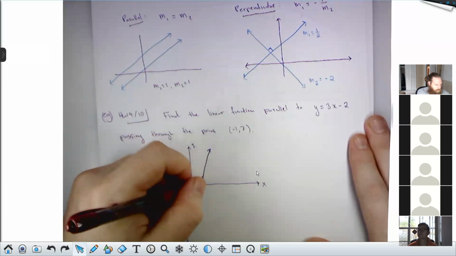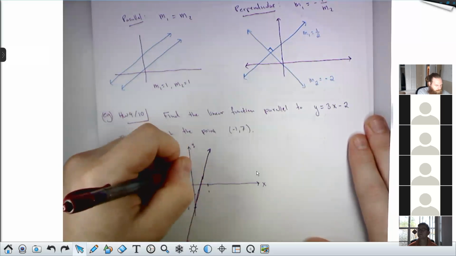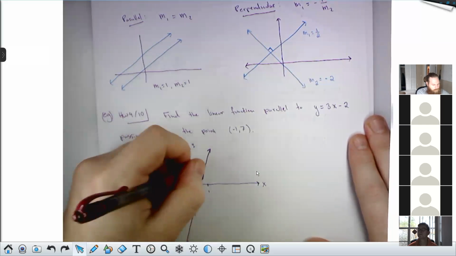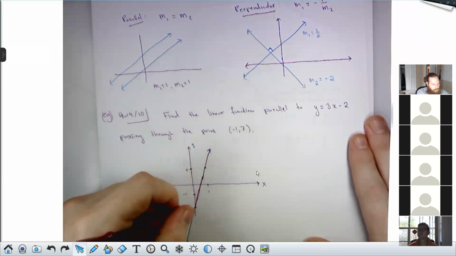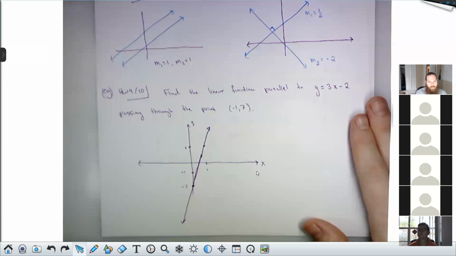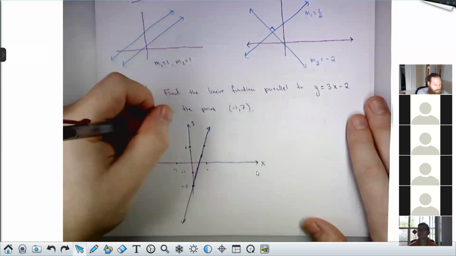So if this is 1 here, then this point will have been 3 up. That should be 1 here. So this point is 1, 1. My y-intercept down here is 0, -2. I want to find another line parallel to that one, but that goes through the point -1, 7, which is way up here.